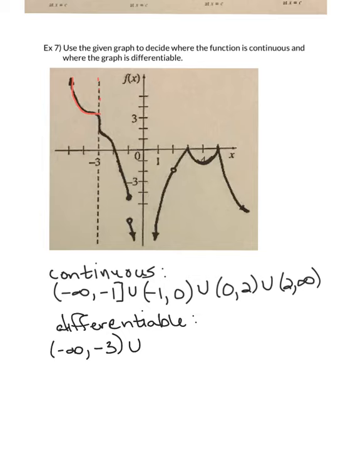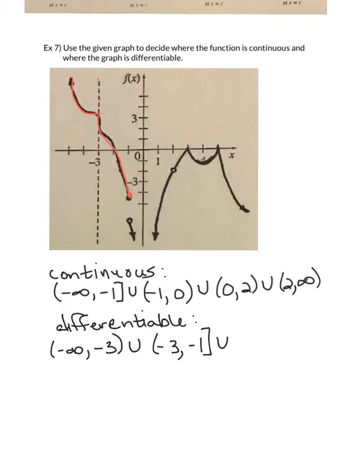Once we get past negative 3, we stay differentiable until we get down here where we'd have to pick up our pencil. Remember, any place that it is not continuous, there is not a derivative. So we are differentiable from negative 3 to negative 1. The place where negative 1 is solid would have a derivative, so we're going to put a square bracket.